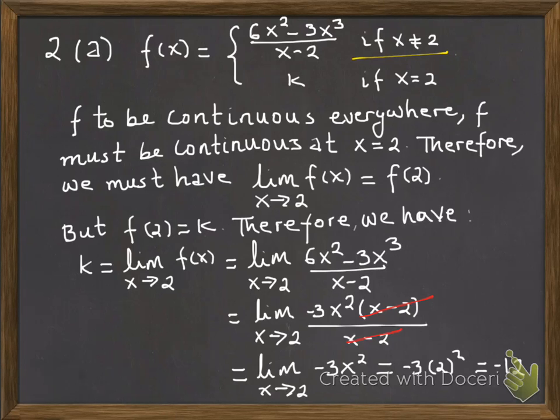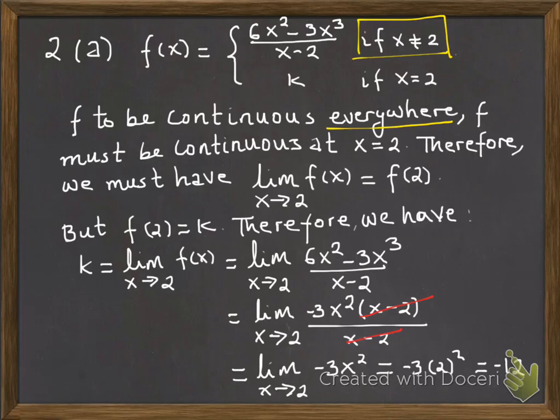So clearly, for x different from 2, the function is continuous because it's a rational function where the denominator cannot be 0. So therefore, for f of x to be continuous everywhere, it should be continuous at the branching point, x equal to 2.